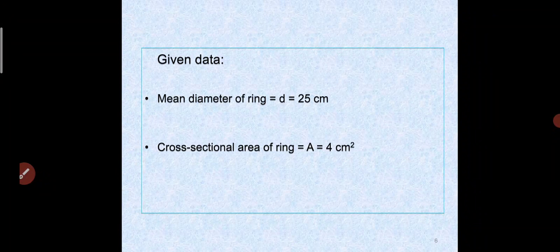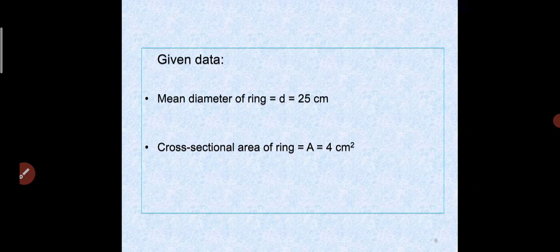Okay, now write the given data. Mean diameter of ring D is equal to 25 centimeters.